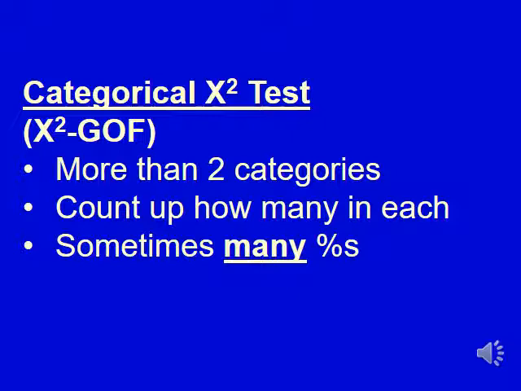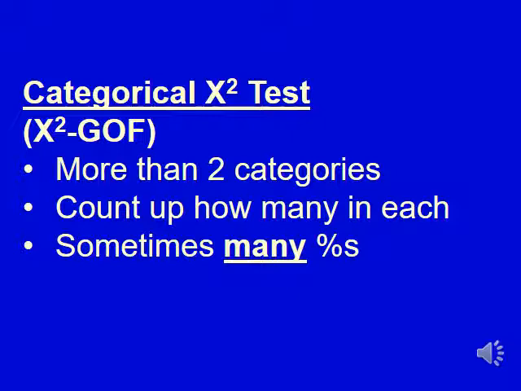And one of those was a categorical or a goodness of fit chi-square test. It's called categorical in the problems that you're looking at on the worksheet and on your test. What happened with a categorical chi-square test is you always had more than two categories. This is the one where you're looking at like different colors of M&Ms. You have more than two categories and typically you're counting up how many there are in each of those.